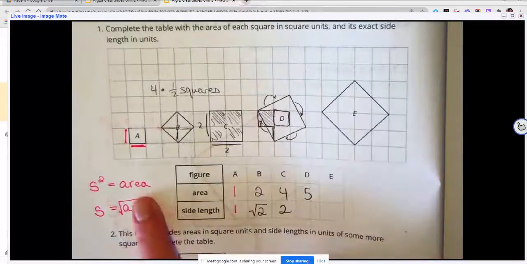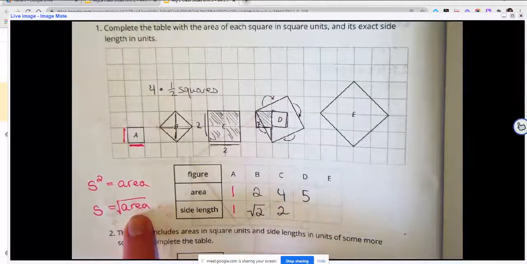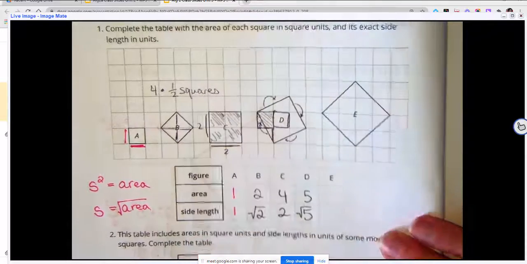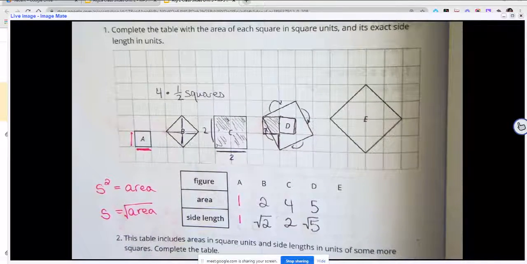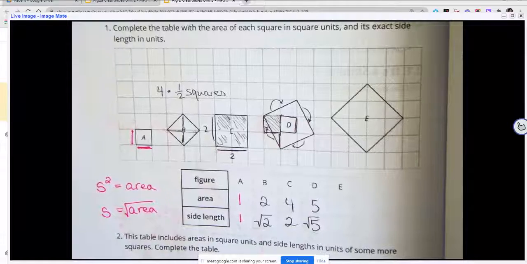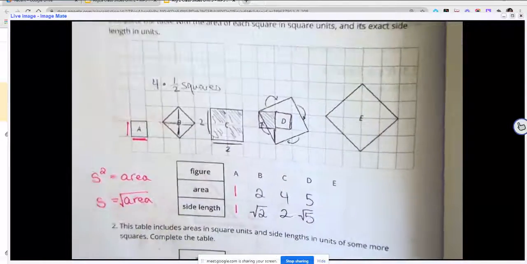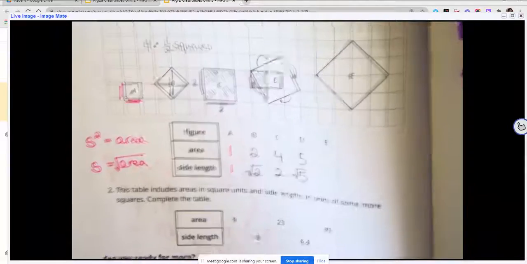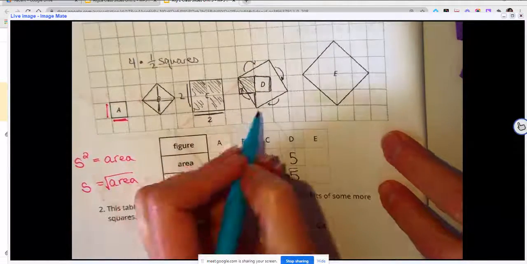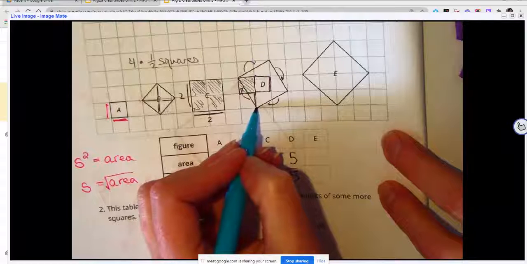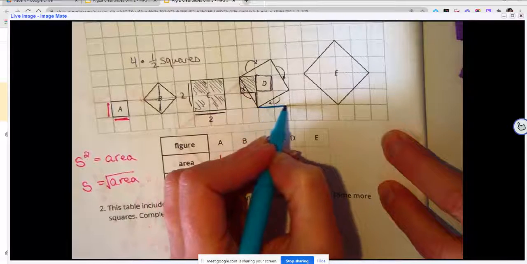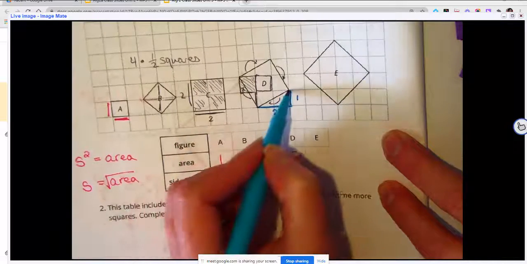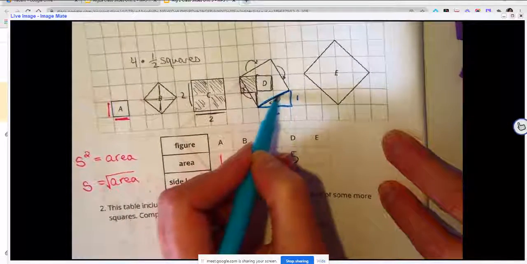And if I know the area, I would just square root that to find the side. I'm just going to leave it as square root of 5 because that's much more exact. Now yesterday we were using Pythagorean theorem. So we could use Pythagorean theorem on part D. What we have is a length of 2 and a length of 1 and an unknown hypotenuse.